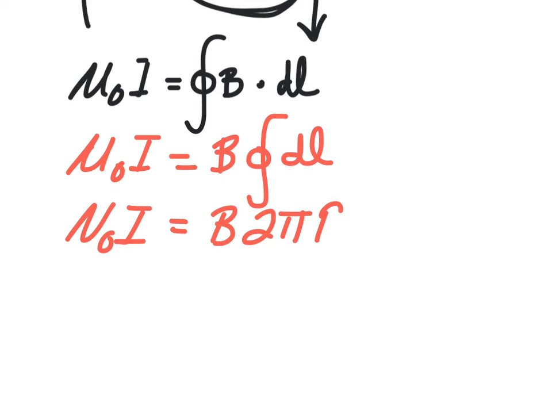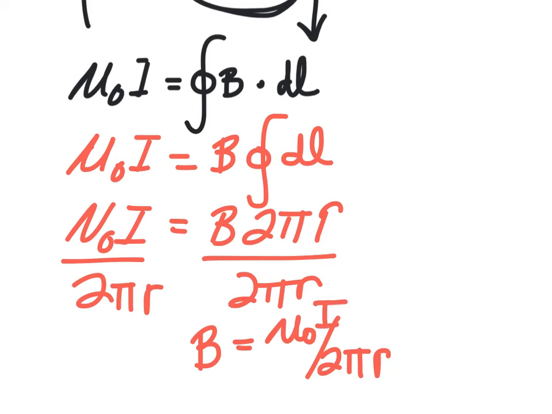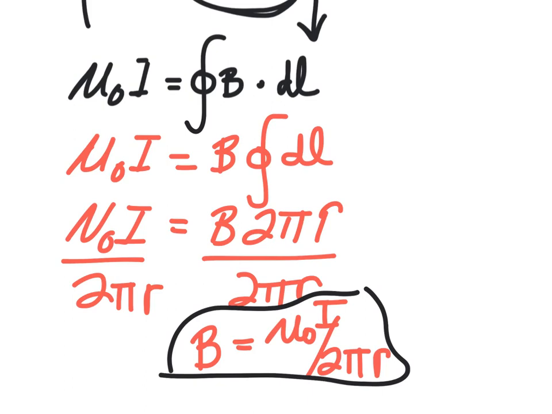Now if I solve for B, which is what I'm trying to find in the first place, by dividing by 2 pi r, what I can see is that B is equal to mu naught over 2 pi r times I, or mu naught over 2 pi times I over r. And that's the same result from the Biot Savart. Now, this really only works when you have a symmetrical situation, or at least that's where it's easier to use.